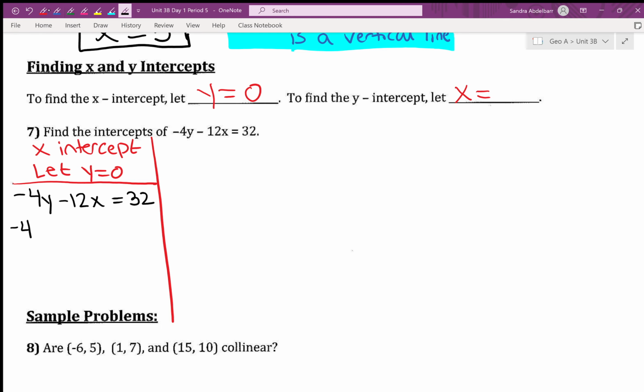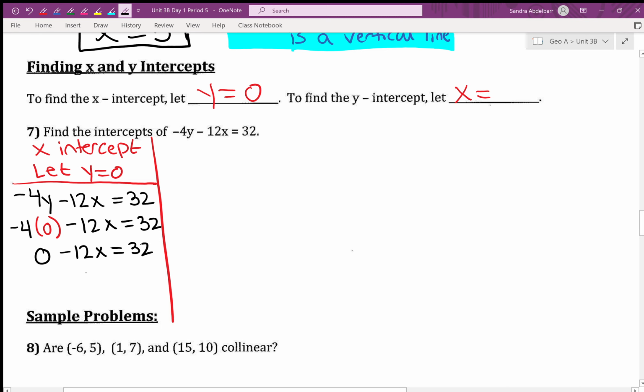So negative 4 times 0 minus 12x equals 32. 0 minus 12x equals 32. So we're at negative 12x equals 32. Now we divide by negative 12. Can I simplify 32 over 12? We sure can. Divide by 4, and we are left with 8 over negative 3.